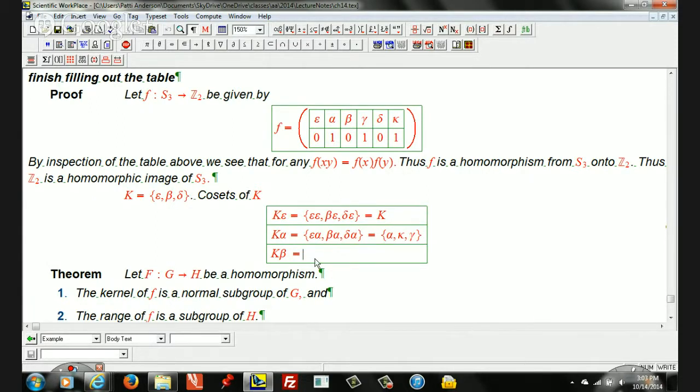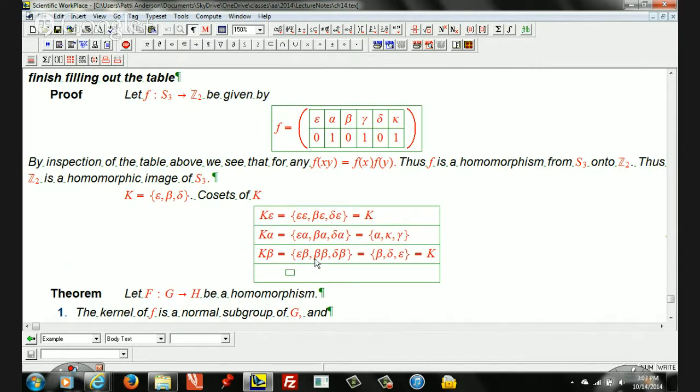So it's beta, epsilon, and delta, beta, delta, epsilon, which is equal to k. What it turns out is a kernel is going to be a subgroup, but we don't know that yet, so we have to check it. So then that's beta, and then after beta we get gamma.